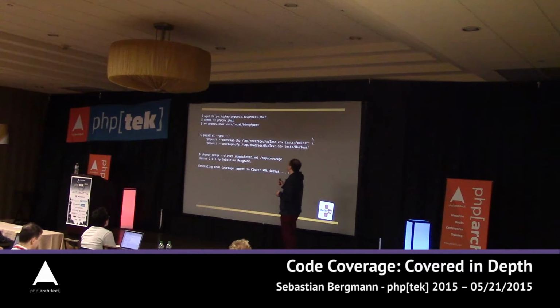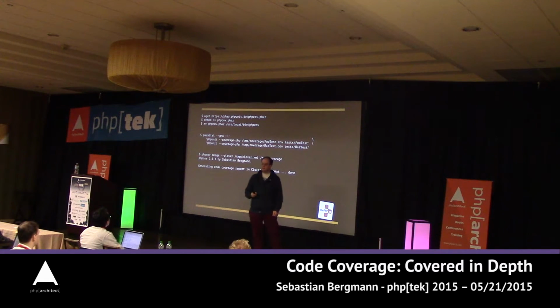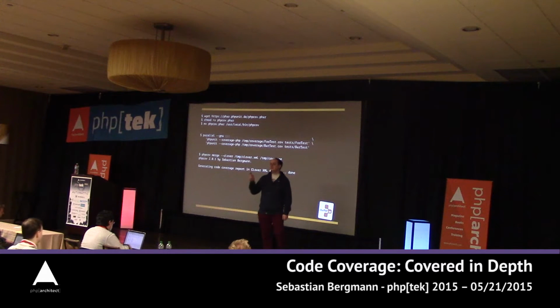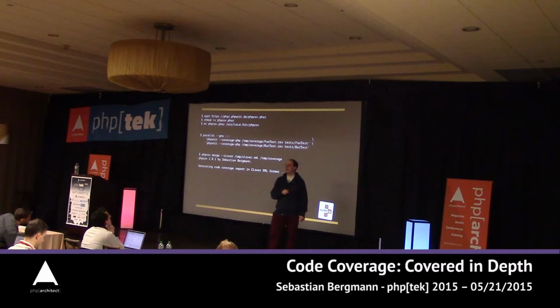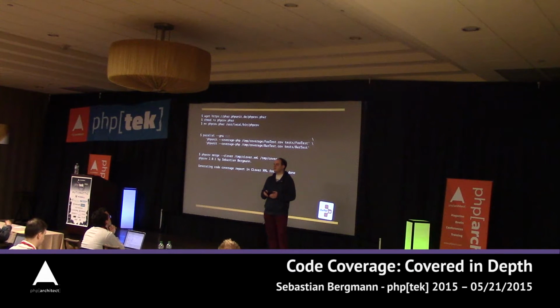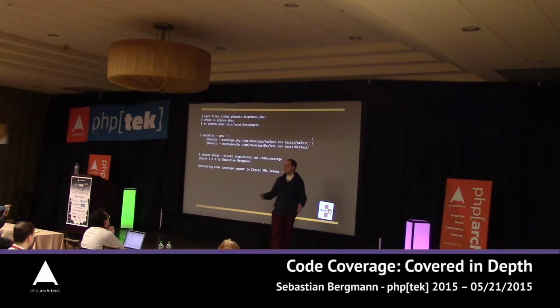There's a command line tool called PHPCOV that comes with PHP Code Coverage that allows you, for instance, to merge the code coverage data from multiple PHPUnit runs. Another use case for that is if you split up your test suite so that you can run your tests in parallel, then you also want at the end a unified code coverage report.